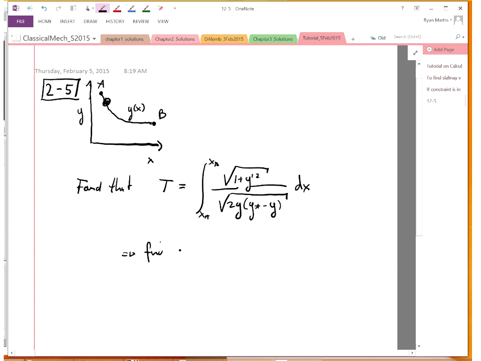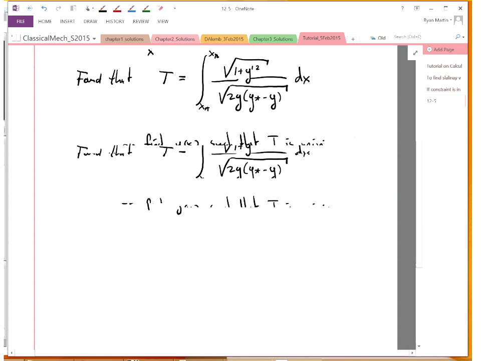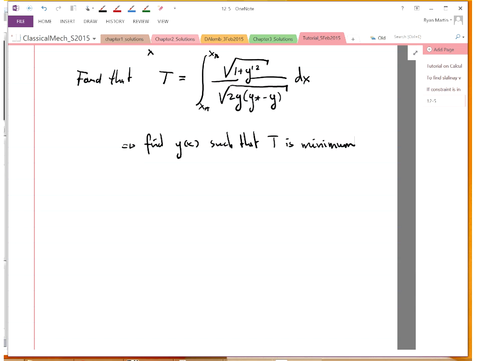So the problem really is to find y of x such that t is minimum. Let me just simplify t a little bit.